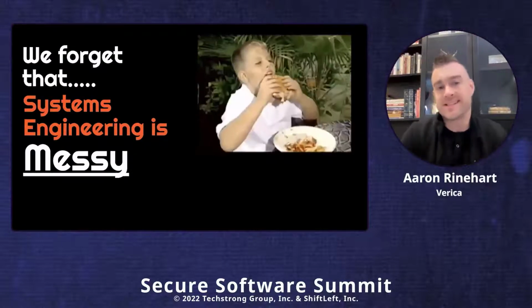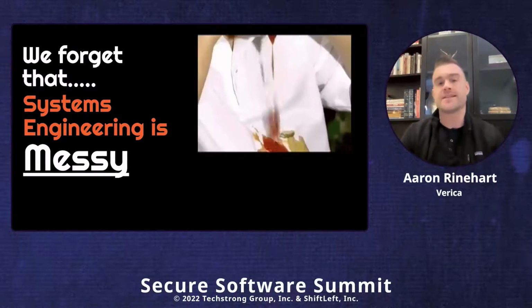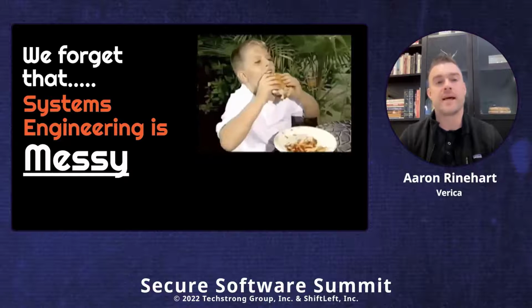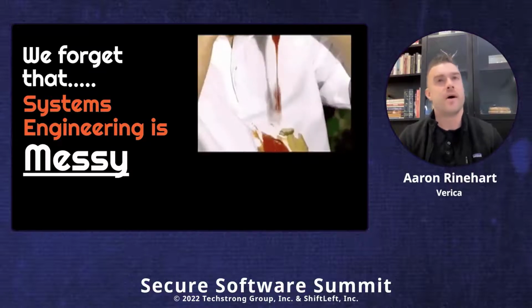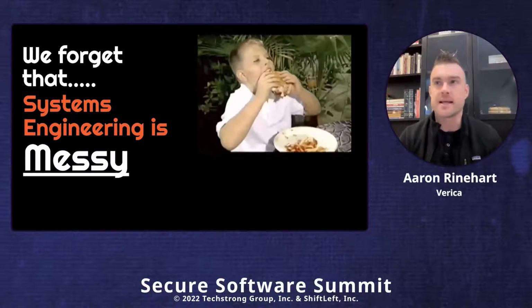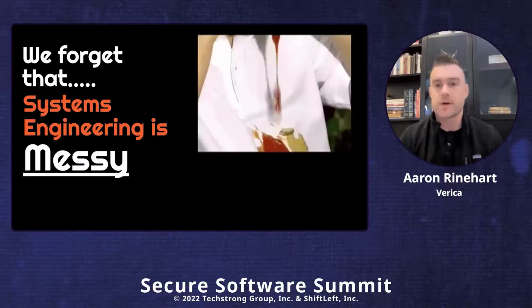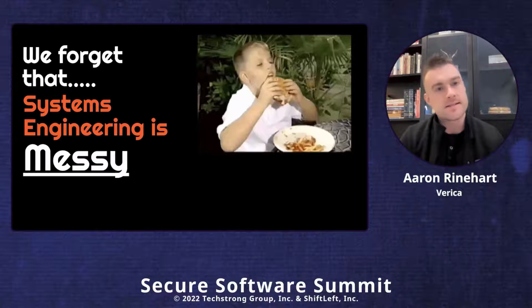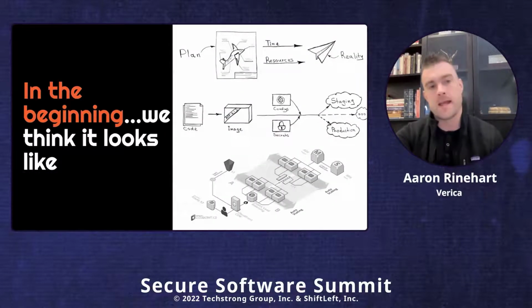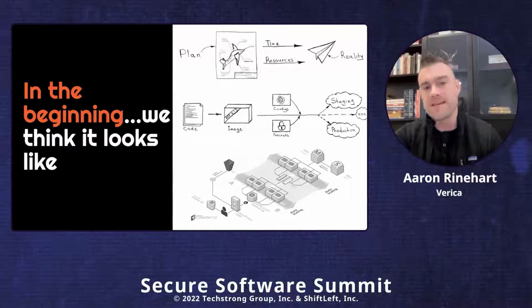We also forget that systems engineering is a very messy exercise. I believe we often forget because our brains have to simplify complex things in order to create order and organize them in order to synthesize outcomes, results, and solutions. So, for example, in the beginning of a system's lifecycle, we love to think the system looks like this, right?